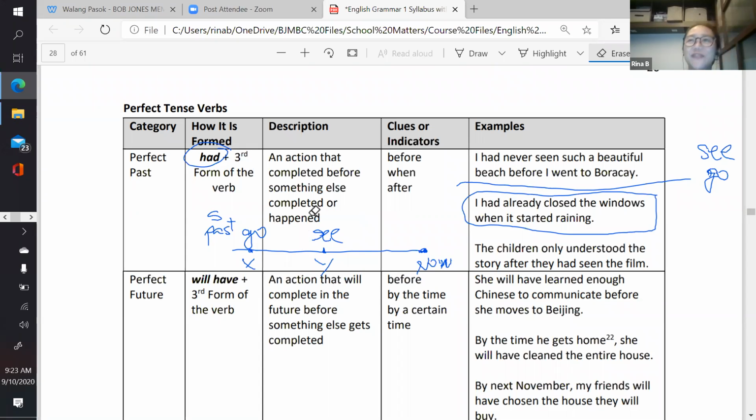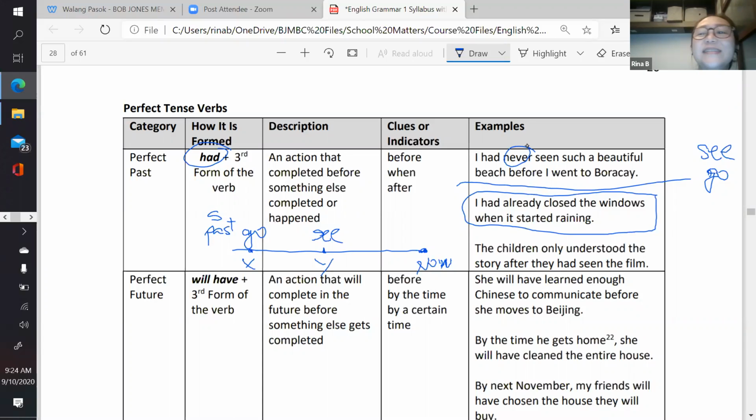What happened first? The reason why we, including me, got confused is because we forgot to consider the negative adverb never. So the fact that you have not seen happened first, because after you saw it, then the action of not seeing is already not true. Understand what I'm saying? Okay.